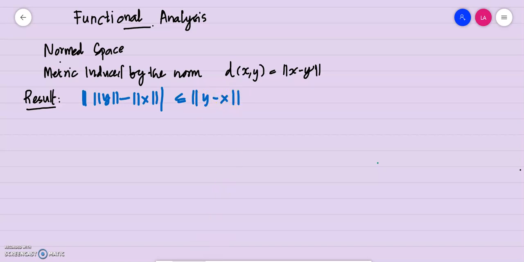It is somewhat similar to the result modulus of (mod a minus mod b) is less than or equal to modulus of (a minus b). Here, x and y are elements of the normed space X.